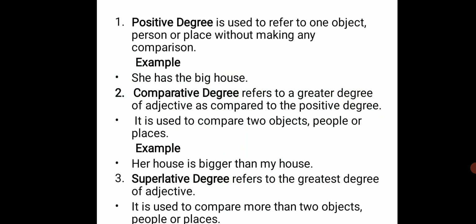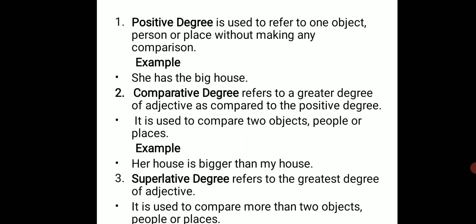So what is positive degree? Positive degree is used to refer to one object, person or place without making any comparison. Yes, so positive, of course, we refer to an object or a person without any comparison. For example, she has a big house.